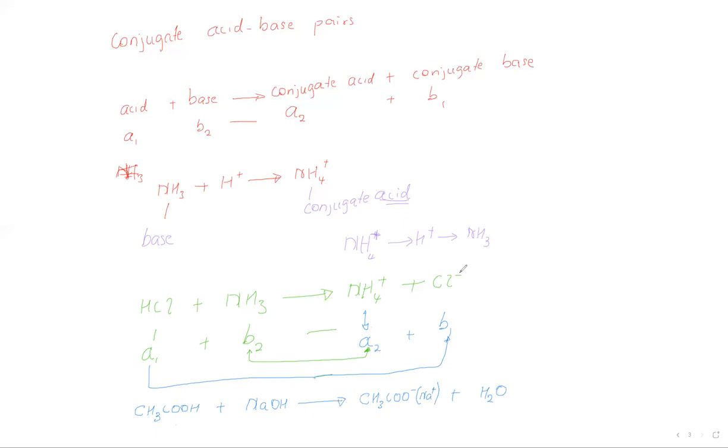Now, this will be an acid. That will be a base. That will be a base. That will be an acid. From acid to a base, a base to an acid there. These are conjugate acid-base pairs.